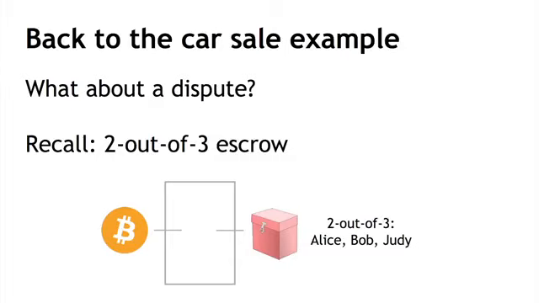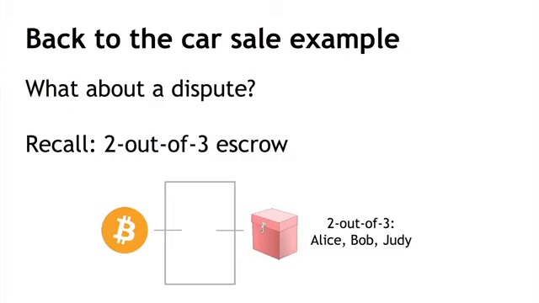And the 2 out of 3 account has a property that if any two of them agree, then they can get the payment out of this intermediate holding address and get it back to either the seller if the transaction goes through smoothly, or back to the buyer if there is a dispute and the transaction needs to be reversed, but in no case to the mediator's account. They can't steal the money. So that seems like a pretty good technical solution that we can use to build some sort of dispute resolution mechanism on top of it.